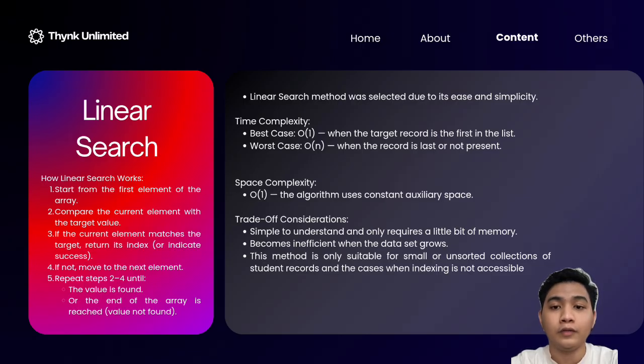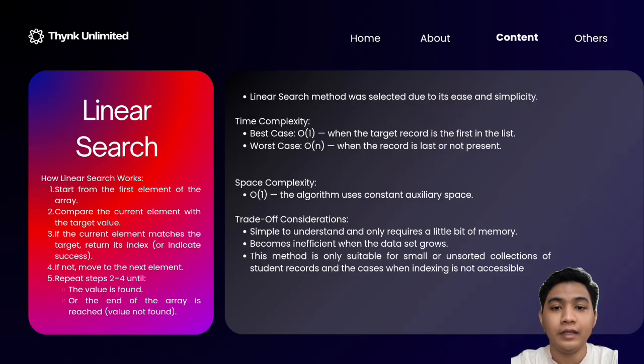Okay, now for time complexity, we use big O notation, which stands for order of, to describe how the algorithm scales with input size. For the best case, it is big O(1) if the record is found at the very beginning.